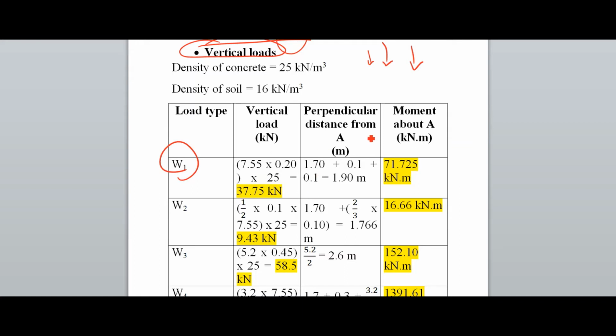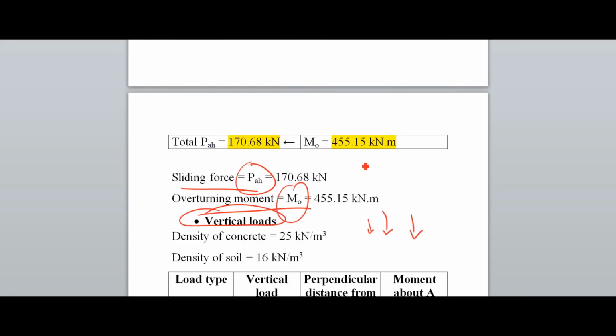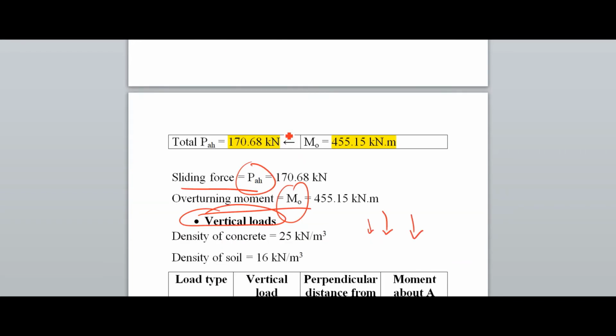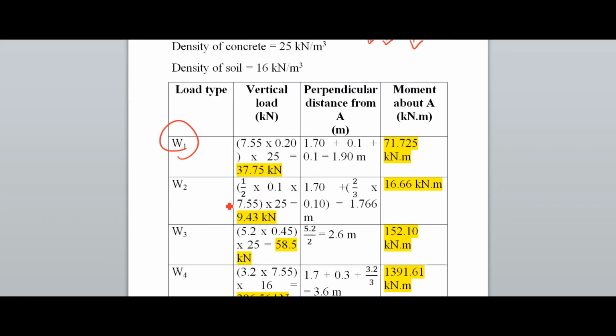Perpendicular distance from A. Look here, W1 is here, so we have to calculate this distance from A. So 0.7 plus 0.1 plus 0.1, so 0.90.